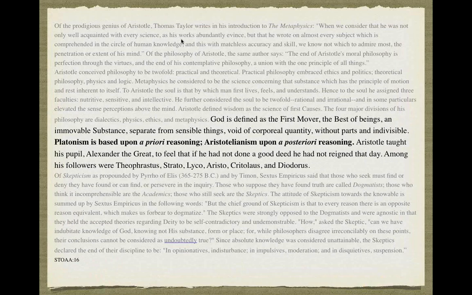A posteriori reasoning builds its philosophy from observation and experience. Aristotle and the modern scientific world employ this method, the latter dismissing a priori philosophy as unprovable speculation. And as Michael pointed out, we have a real second, third ray shift here. A priori is much more palatable to second ray types, a posteriori much more to third ray types.